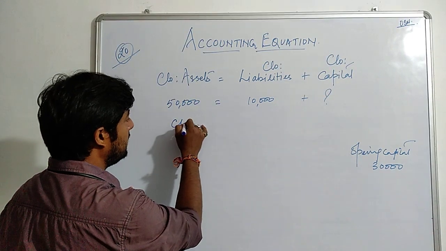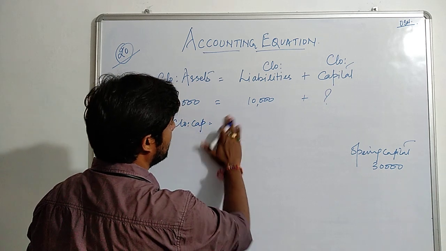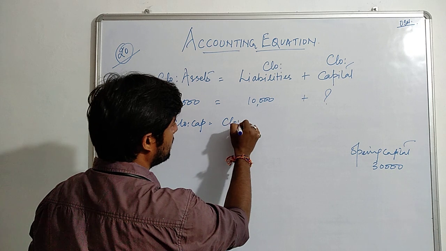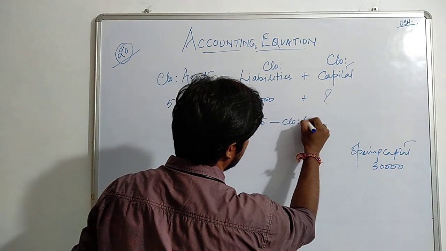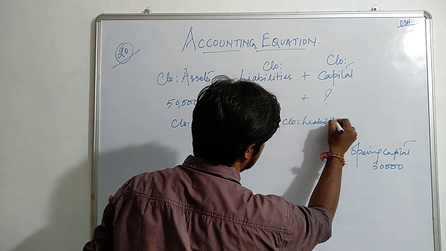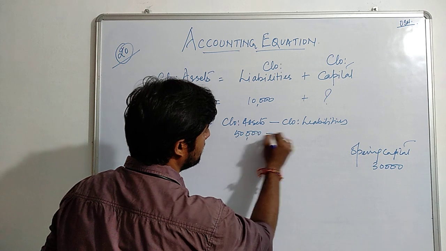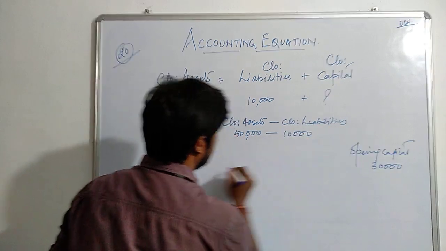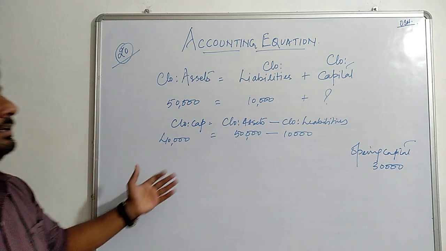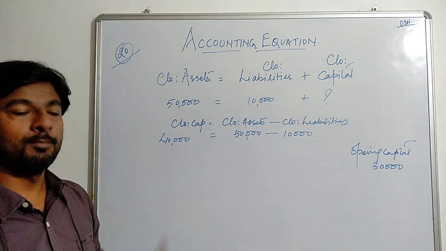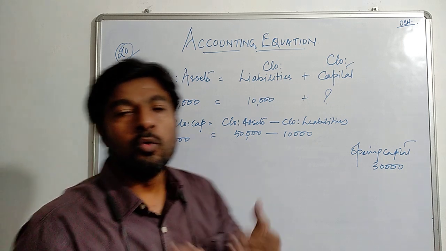So closing capital is equal to closing assets minus closing liabilities. How much? 50,000 less 10,000 is equal to 40,000, which is your closing capital. Got the point?